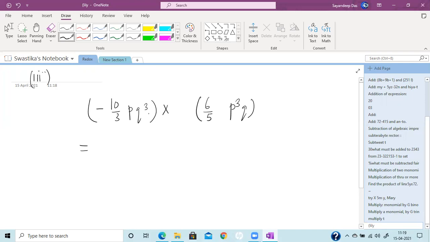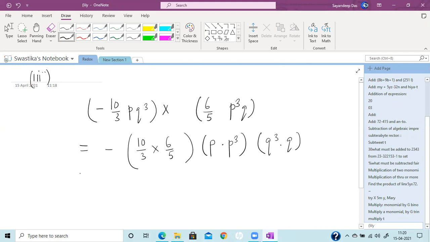First multiply the signs: minus into plus is minus. Then 10 by 3 into 6 by 5. Then multiply the variables p into p cube and q cube into q. So multiply all the fractions and the variables.